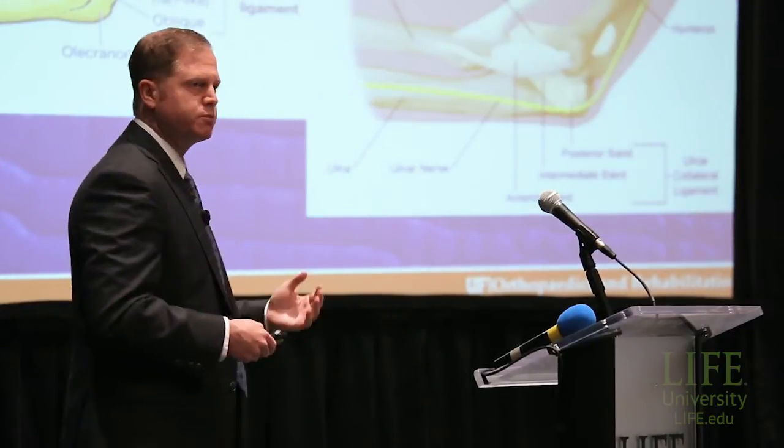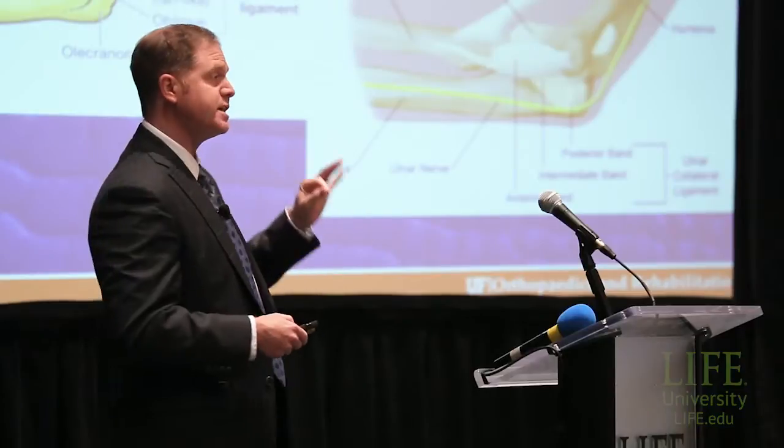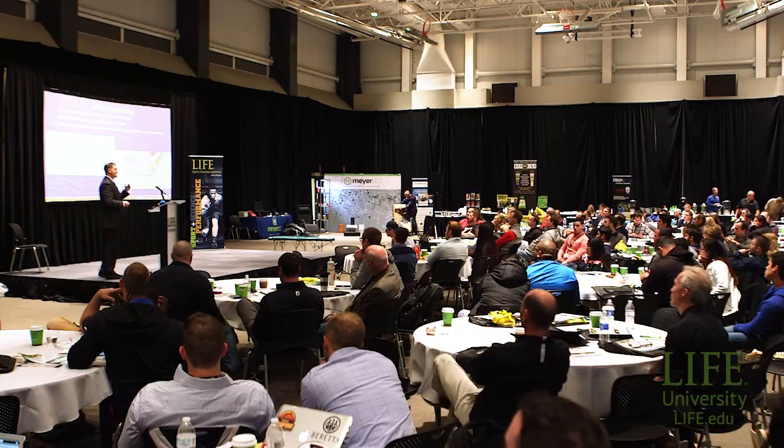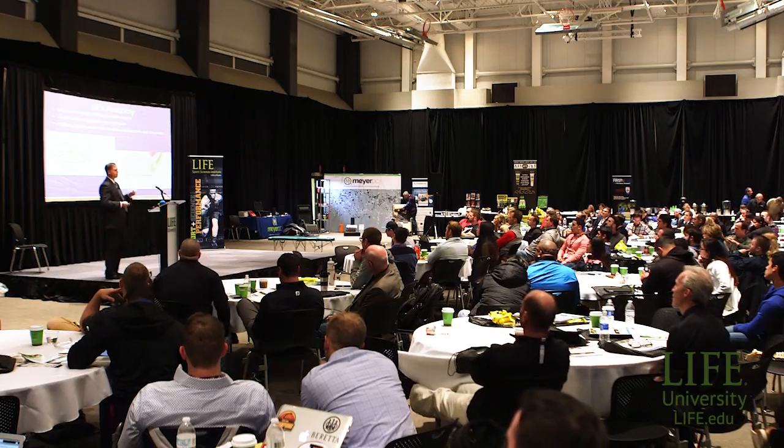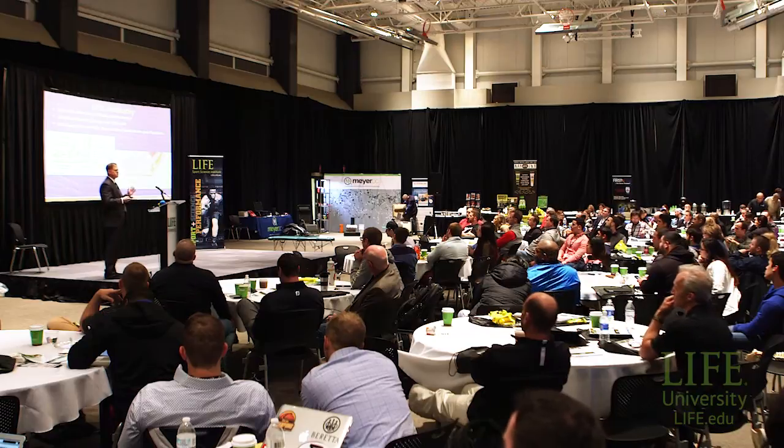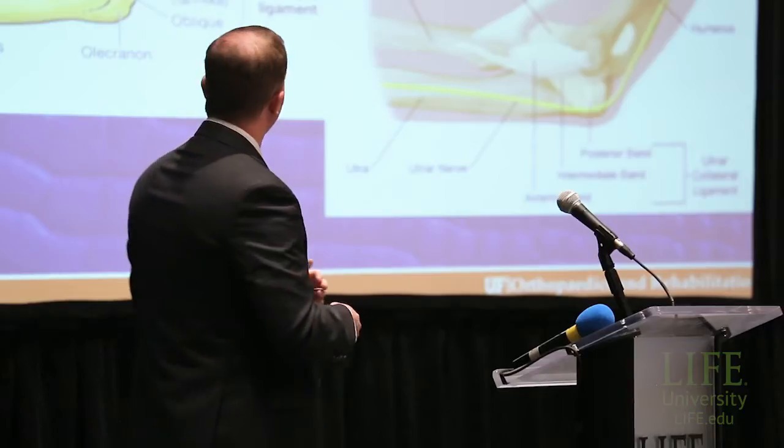So very briefly, the UCL actually has three bands: the anterior band, the posterior band, and the oblique band, and really the oblique is just the connector between the two. For the most part, when you hear about someone rupturing their UCL or having a high-grade tear of their UCL, it's that anterior band. The anterior band is the chief restraint to valgus stress, typically up to about 90 degrees of flexion.